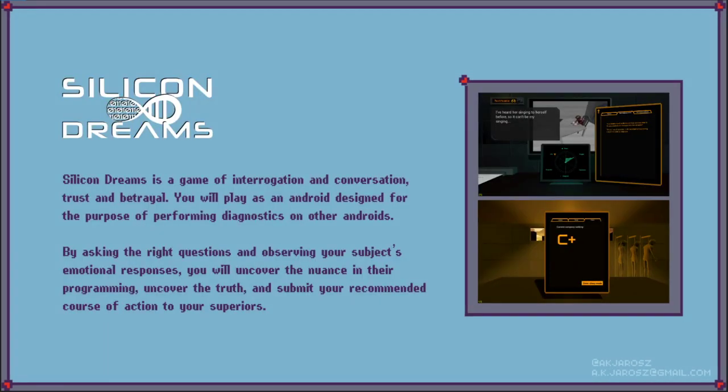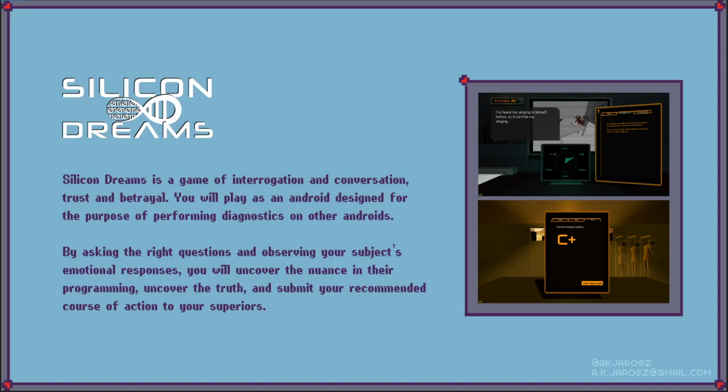So, Silicon Dreams is a game inspired by Blade Runner. I think most of you saw Blade Runner, or at least heard of it, or maybe even read the book. So you had that theme of testing if somebody is an android or human.